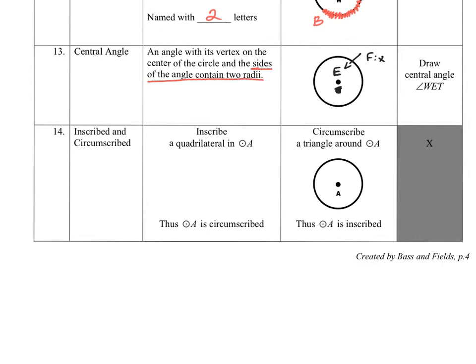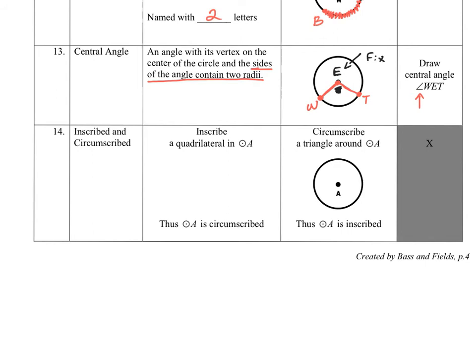So if I want to, for example, draw in central angle WET, what I need is it to be Circle E. That's why I started with that. Then I'm going to have 2 radii of the circle, and those are going to be EW and ET. So the sides of my angle are now radii, and the vertex of the angle is the center of the circle.